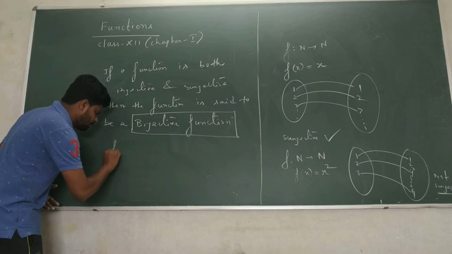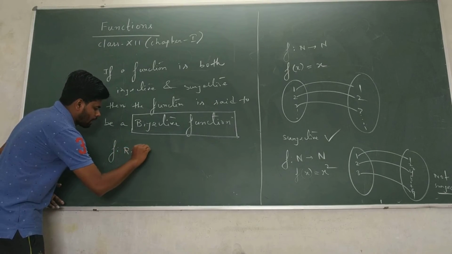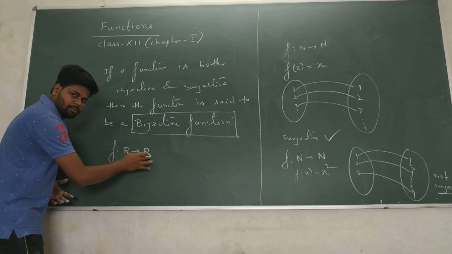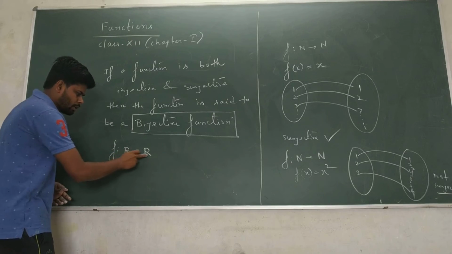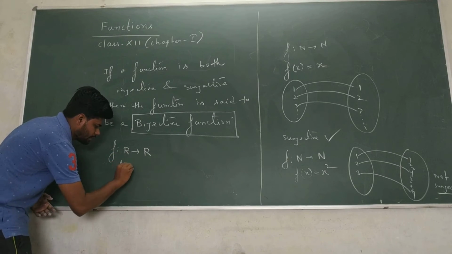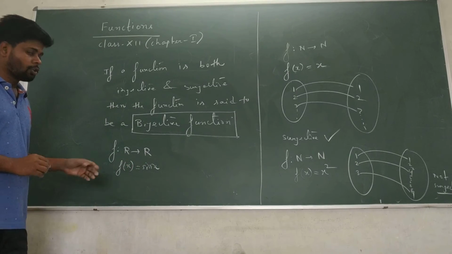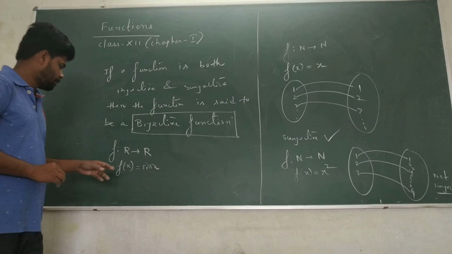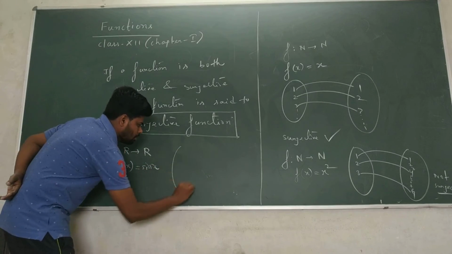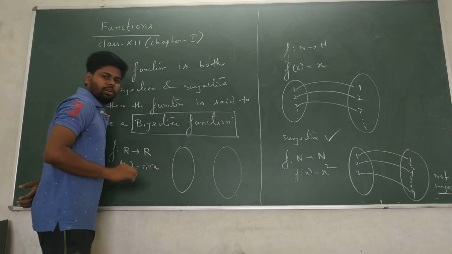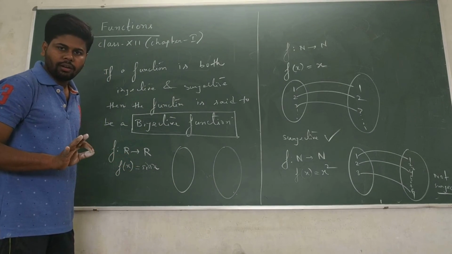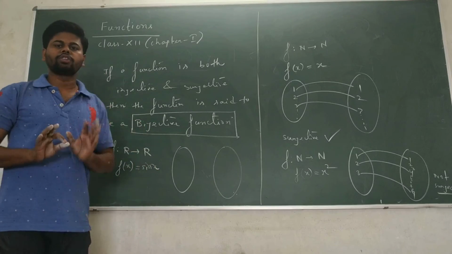So there are many things about this. Like if I say a function from R to R, real number to real number, and the function is f(x) equal to sin x. Now you know the domain and range of the sin x function. You know, sin cannot exceed 1 and cannot be less than -1.